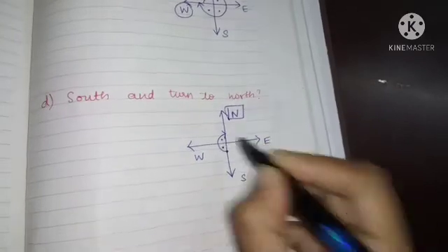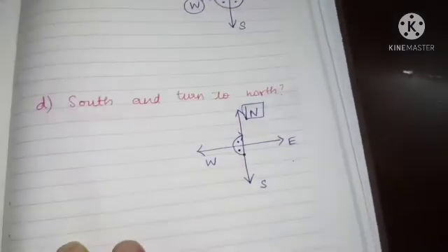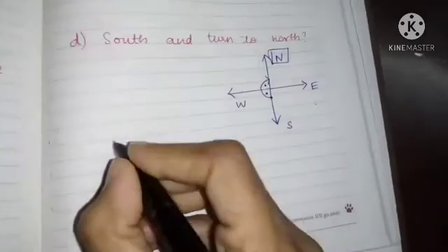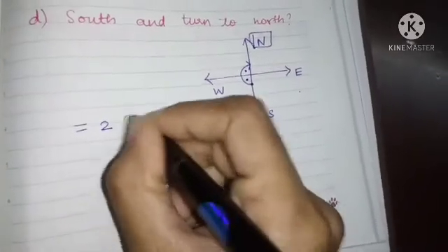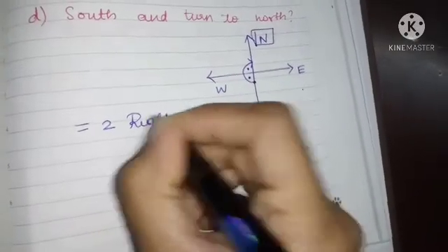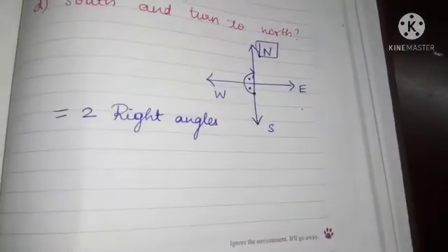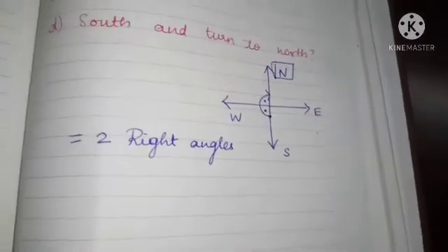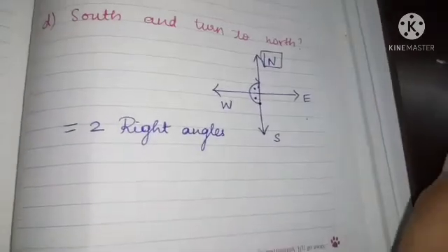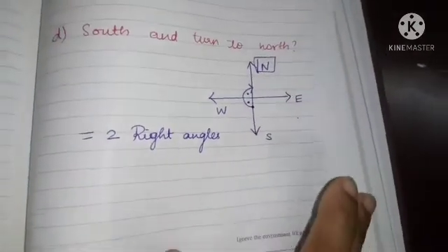So 1, 2. How many right angles will you face? 2 right angles. In any direction, either you can use clockwise or anti-clockwise direction. So, 2 right angles you will get. Understood?